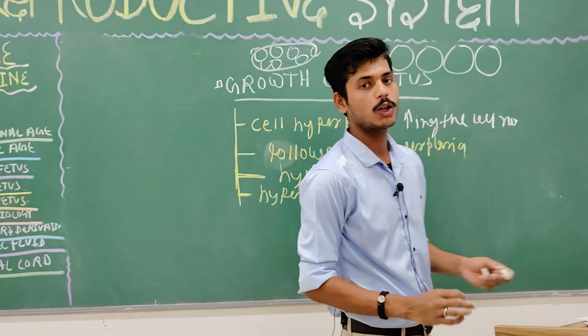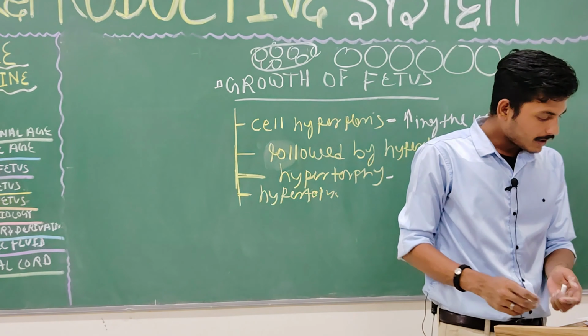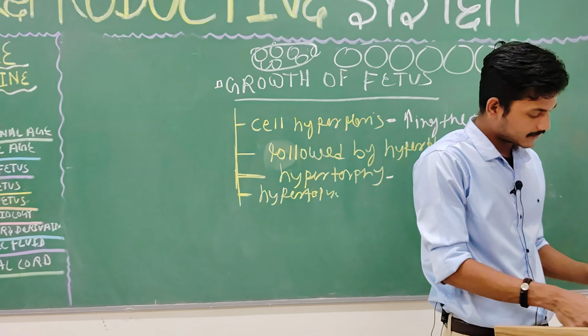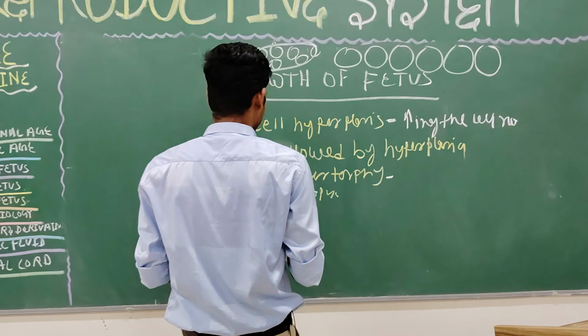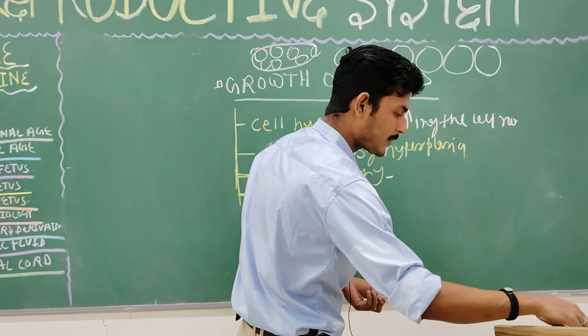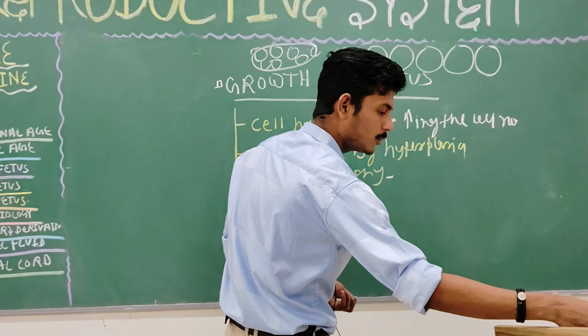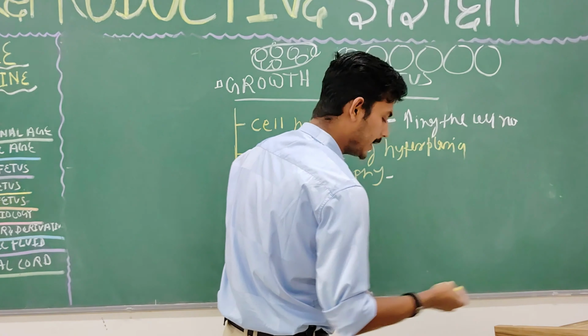Now you know that the growth of the fetus is dependent on two things. Half of the growth period is determined, or controlled, by genetic factors. Write it down. Half of the growth period is determined by the genetic factor.